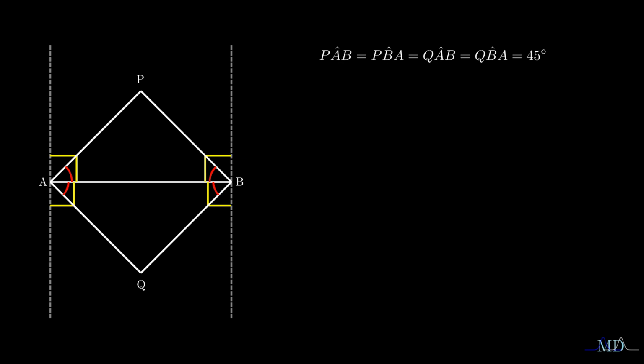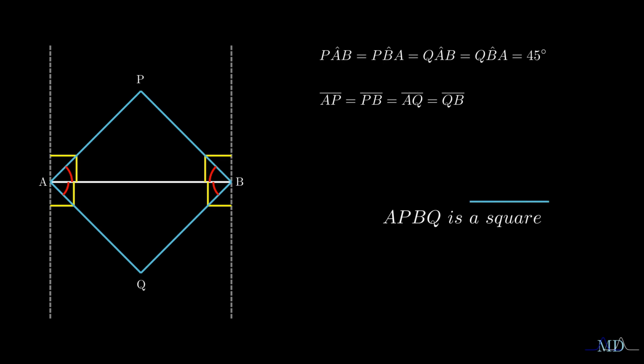This implies that APB and AQB are two congruent isosceles triangles, having the base AB in common and the two base angles that measure 45 degrees. And this means that all four oblique sides of the two triangles are congruent. Therefore in this case our quadrilateral APBQ is a square.